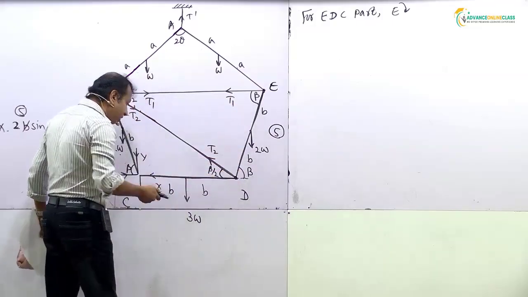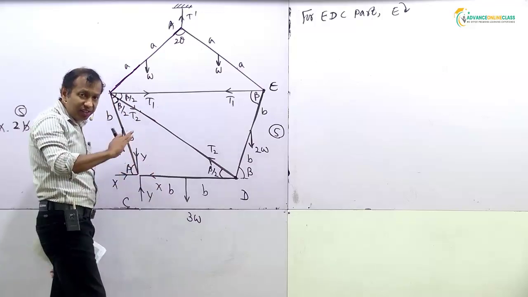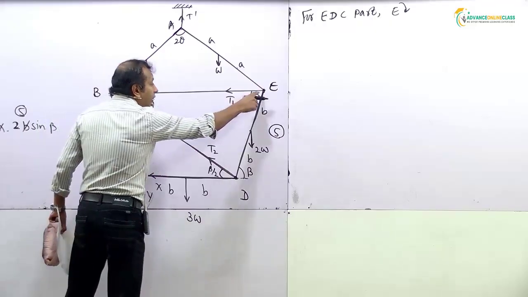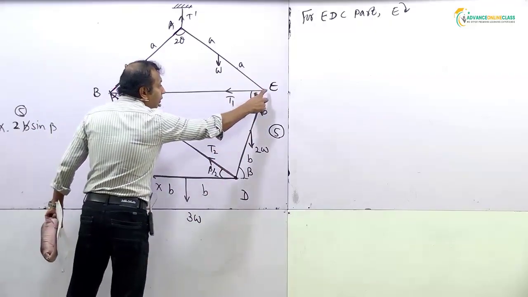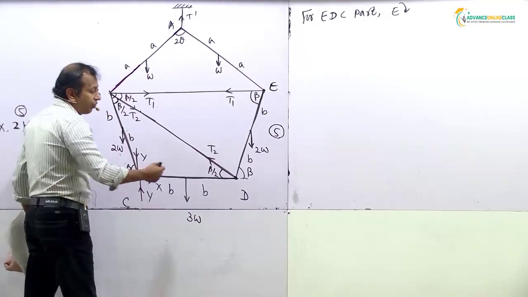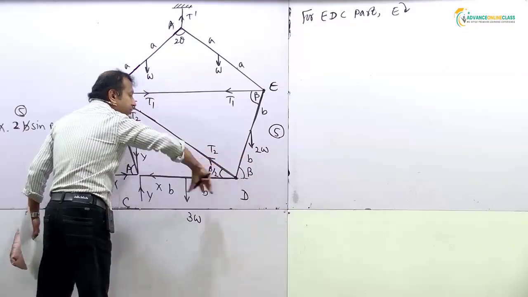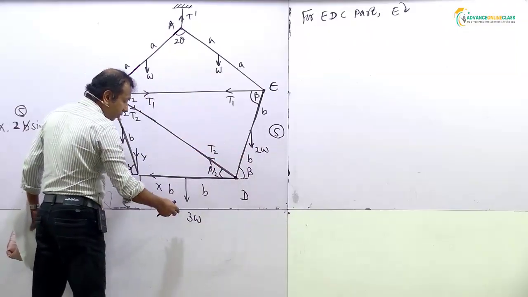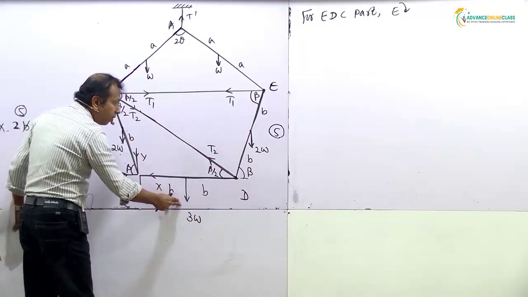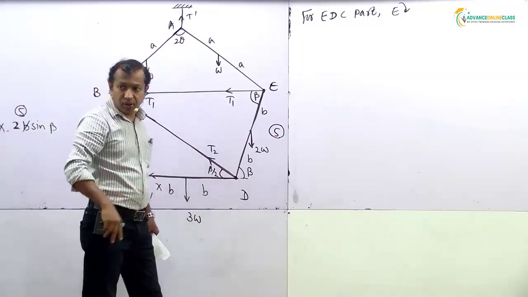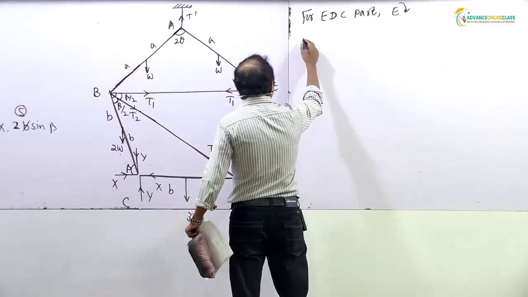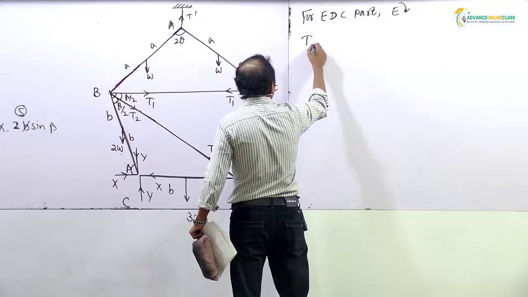ED and DC can't rotate around D. Then very easily you can think of the sense of the moment. Once we apply T2, this part rotates clockwise. Then Y clockwise, X clockwise, 3W and W anticlockwise. Take moments. T2 we said what?